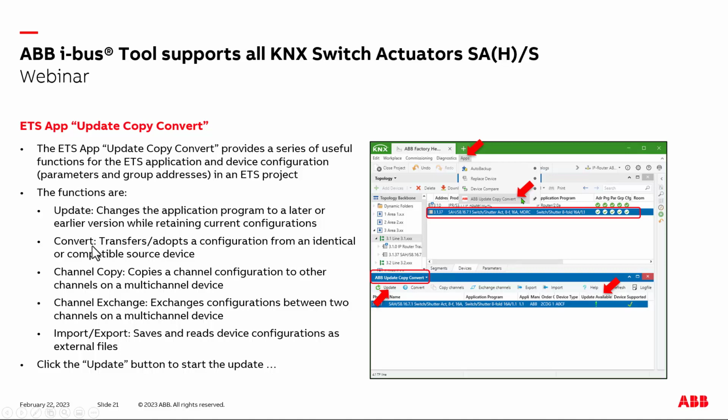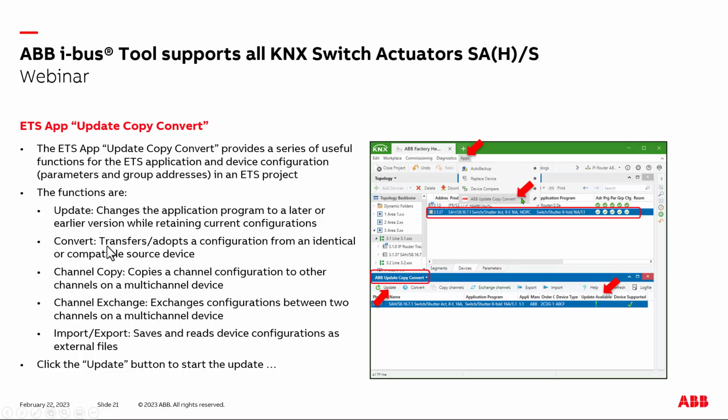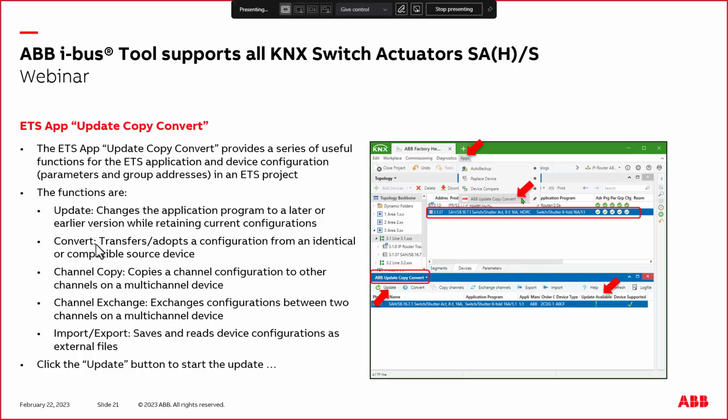For example, you have parameterized a 4-fold switch actuator in the ETS, but you need more channels. What can you do? You can convert this 4-fold actuator into an 8-fold, and it will copy and paste the four channels which you have parameterized into an 8-fold.